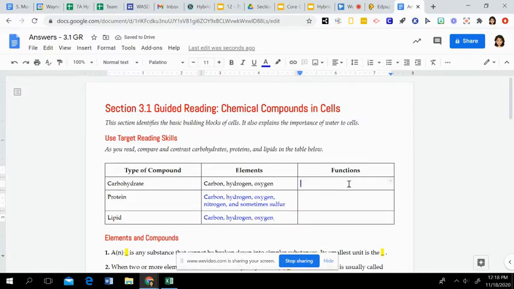Now, the functions of carbohydrates are that they are major components of cell parts, so they make up most of the cell parts. Proteins are similar. They also make up different cell structures and components, and they also make up the different organelles in cells.